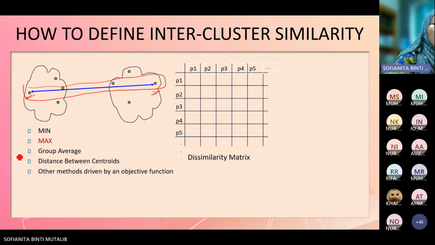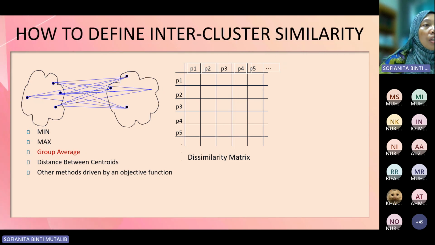How about group average? Group average uses all distances, meaning each object will be compared with every object in the other cluster, and then the total distance will be divided by the number of pairs.